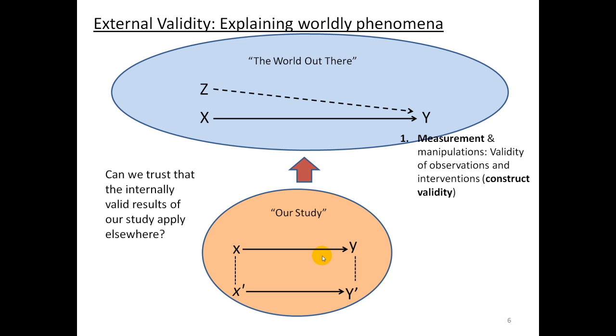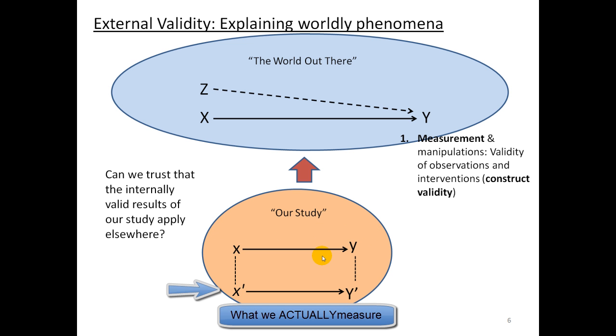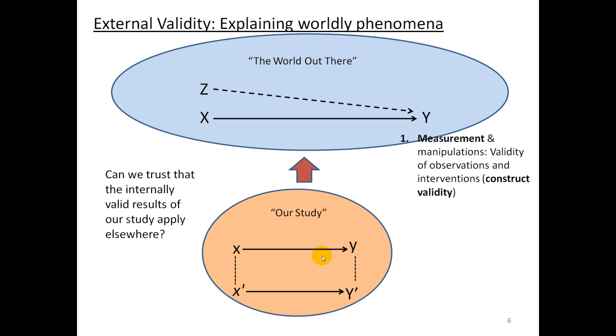Further, within our study, we actually measure X and Y, but we may not get X and Y, but X prime and Y prime. This is because within our study, respondents do not pay attention to some questions, or misunderstand them, misunderstand our instructions.